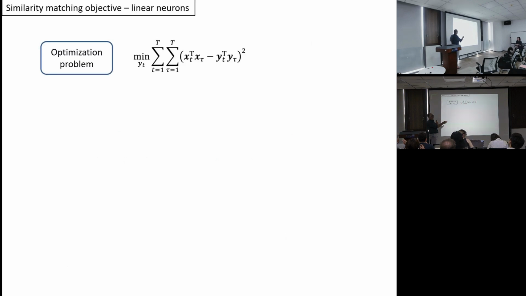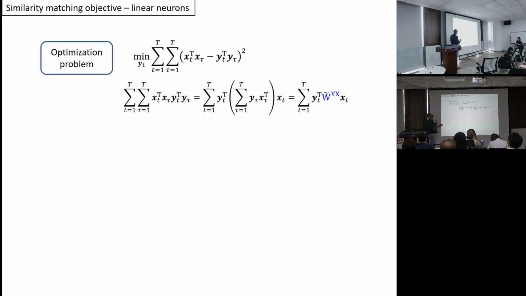And then there is a term which has 2 y's and 2 x's. That's the term. And you see all the t's and tau's are entangled here. But with algebra, we can move x tau's around, right? Because we can flip this inner product like this, and it's still the same thing. And then y tau and x tau are together.